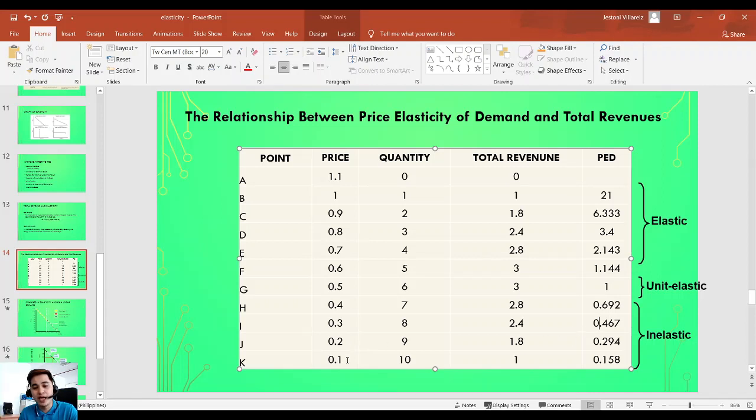So, let's say you sell an addictive drug. Example lang ni. Let's say you sold it at 0.1. So, as you increase your price from 0.1 to 0.4, your revenue is increasing. So even if the price of what you sell goes up, you can still get more revenue.